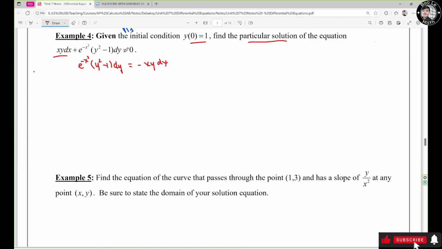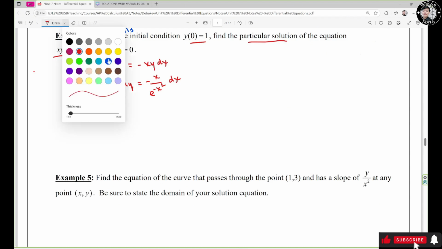Because dy is always on the left hand side, keep that in mind. Now I need to divide both sides by this guy right here. So I have (y squared minus 1) times dy equals negative s over e to the negative s squared ds. And then I need to divide both sides by y. Now I need to take the antiderivative of both sides.